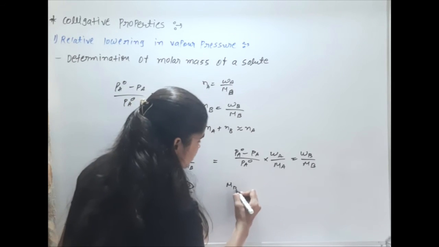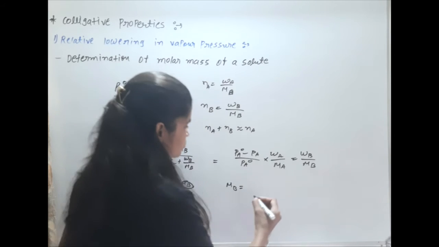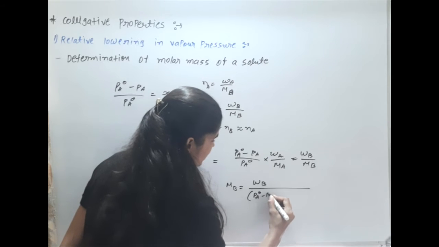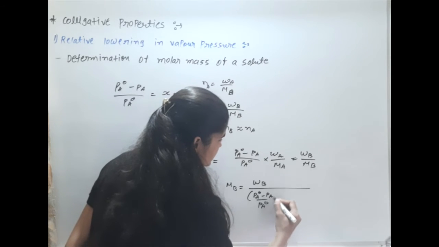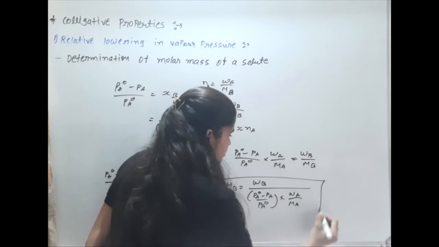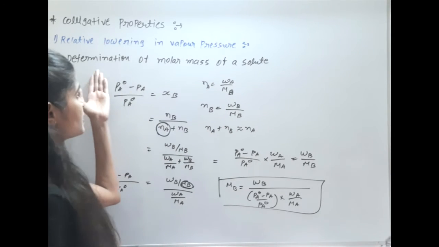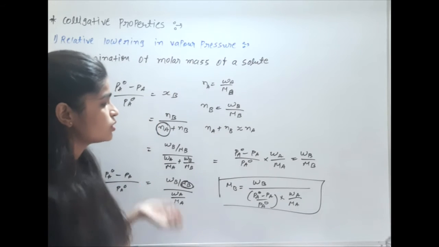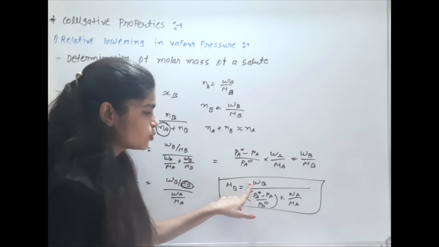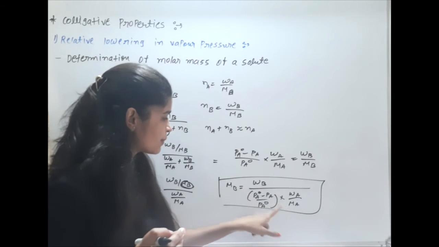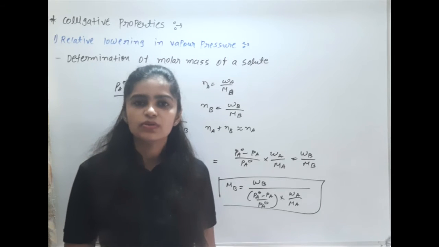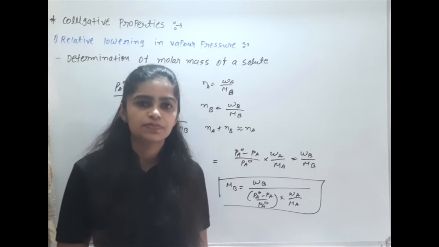So the molar mass of the solute, MB, is equal to WB upon (PA0 minus PA upon PA0 multiplied by WA upon MA). That way we determine the molar mass of the solute using relative lowering in vapor pressure. Here the WB value is given, and WA, MA, PA0 and PA are given, so we find the MB value, the molar mass of the solute.